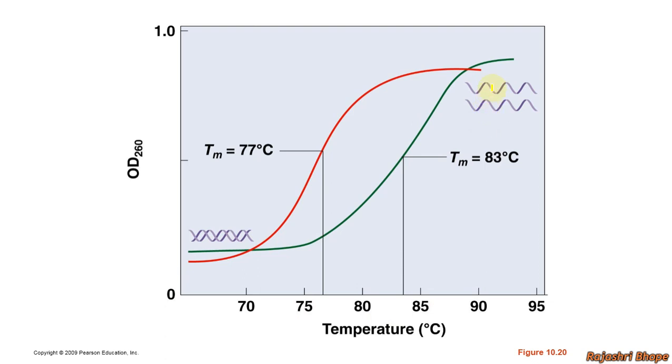And at last stage you will find two separate DNA strands, single strands of the DNA. So Tm is the temperature at which half of the DNA is denatured. Okay, half of the DNA is denatured, is known as Tm.